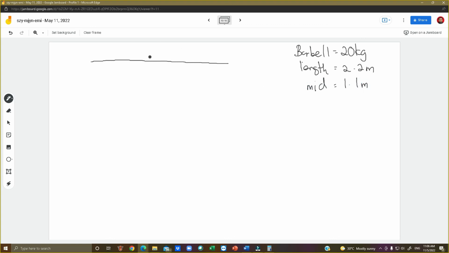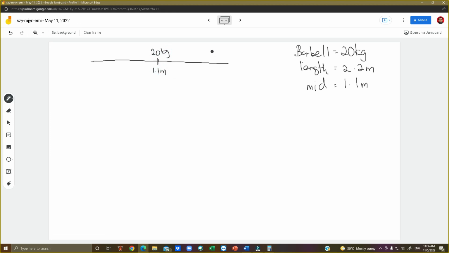Most of the time weight being distributed in the middle. Tu kamu kena ingat. Kalau tak ada apa-apa idea langsung, weight being distributed in the middle. So this 20 kg is located here, 1.1 meter. Tu yang pertama.